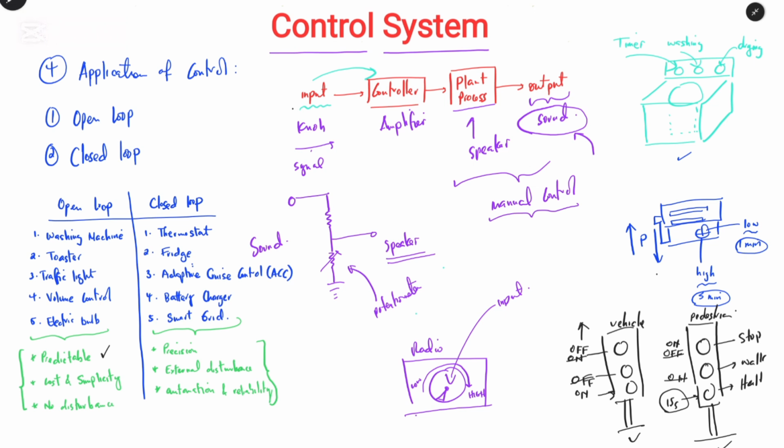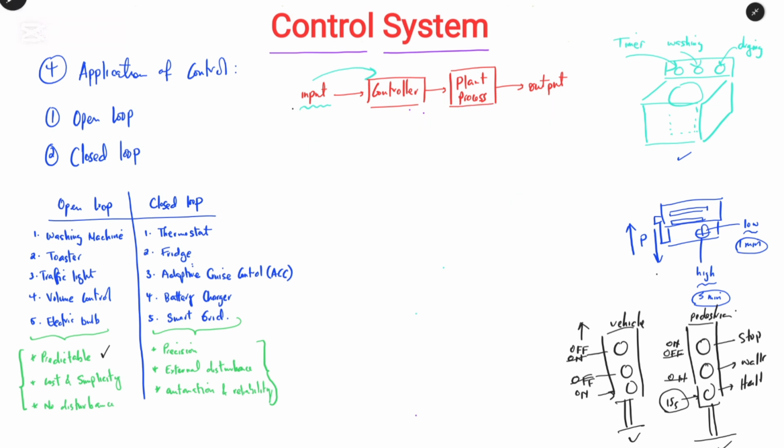And finally, a very simple example, an electric bulb. In an electrical bulb, we know a circuit, and we can have some resistor, and we can have the bulb connected to the ground. What can be the input? The input can be the finger, maybe your finger, and the controller can be regarded as the switch, and the plant or the process can be the electric bulb.